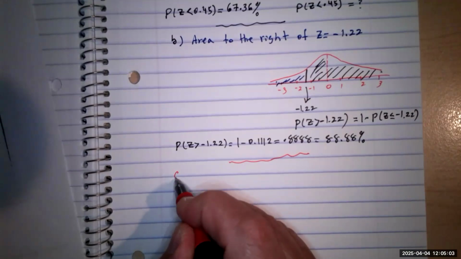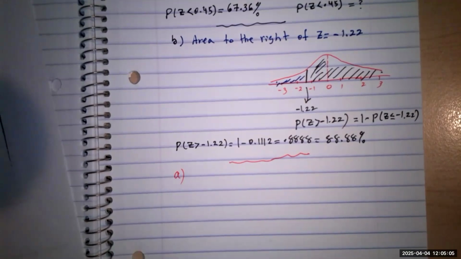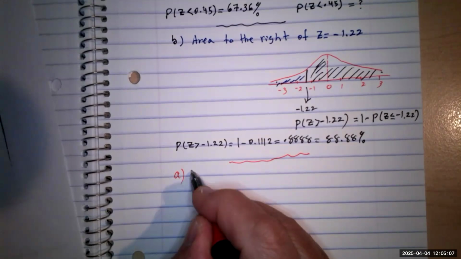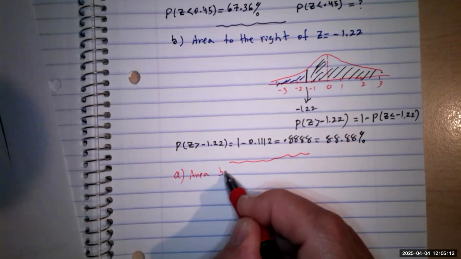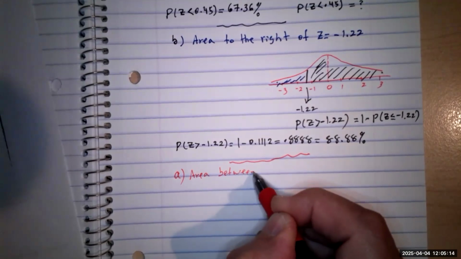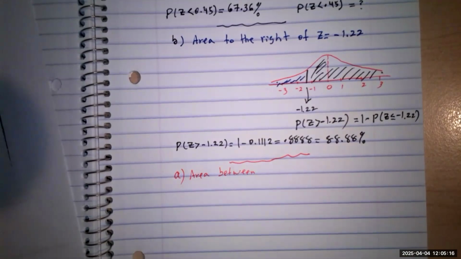Now part A is going to be the area in between. Area between two numbers.